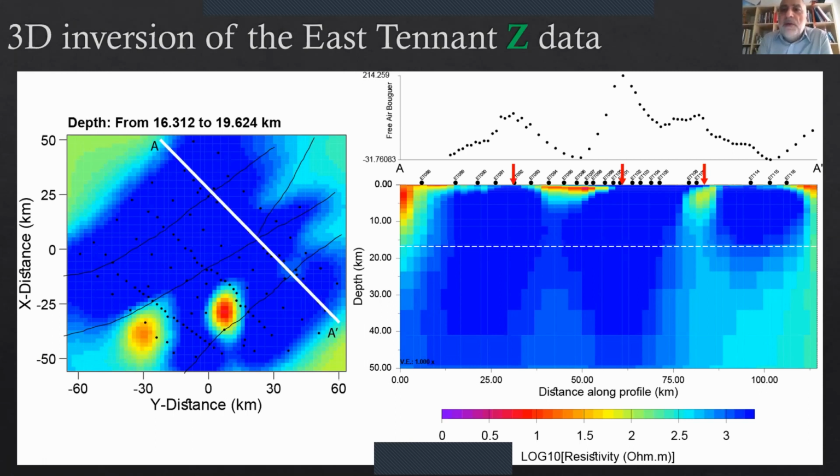Later we can combine these data types in order to improve our subsurface images. On this figure here, what I've used is the impedance tensor data only, the full impedance tensor. As you can see here, most of the structures are resistive. If you look at that depth slice at 16 kilometers, we see a lot of resistive material.